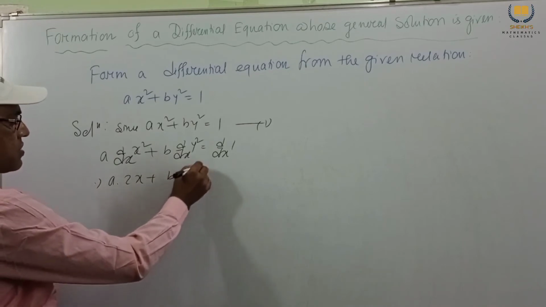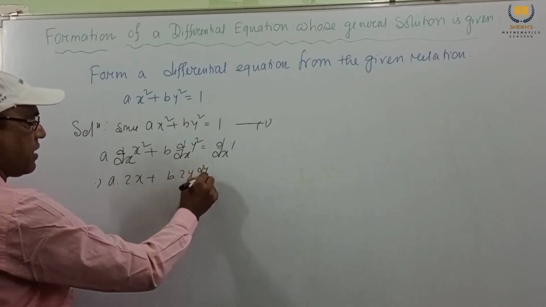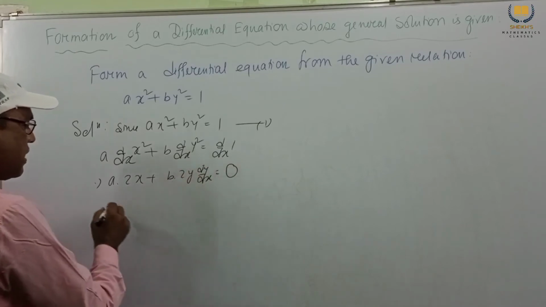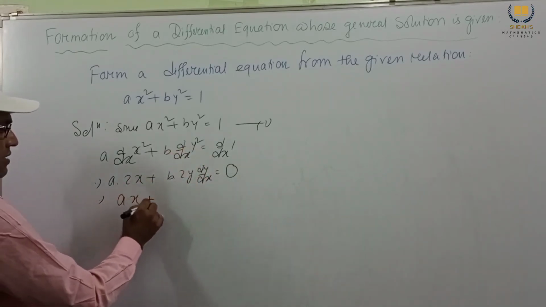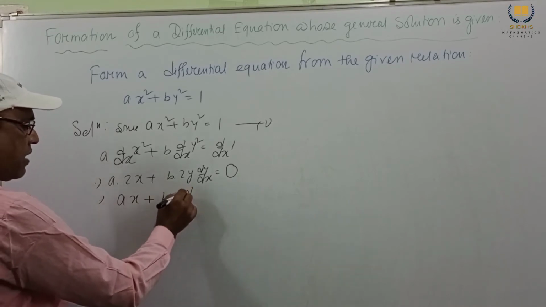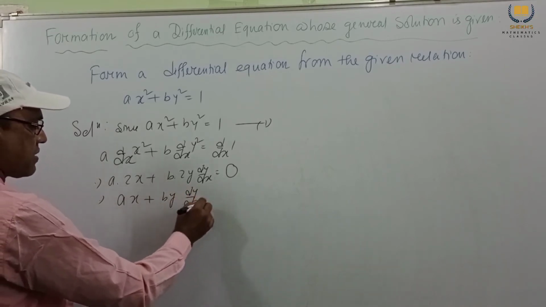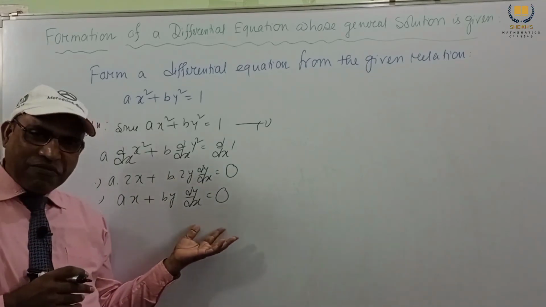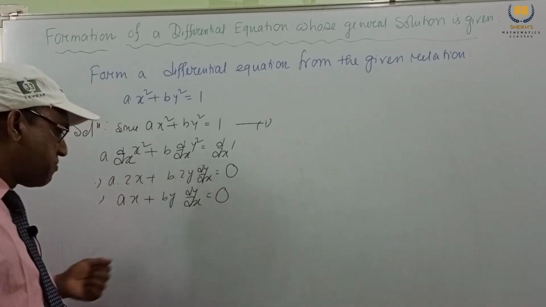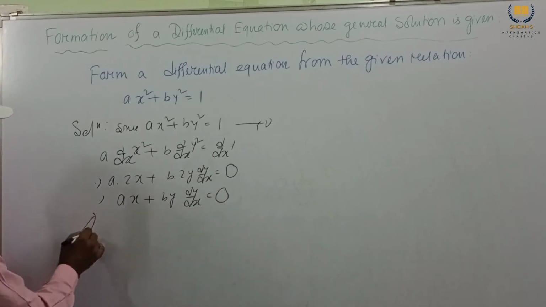Directly, this is 2y dy dx. Dividing both sides by 2, we get ax plus by dy dx equal to 0. So already we have done one time. Again we differentiate with respect to x.